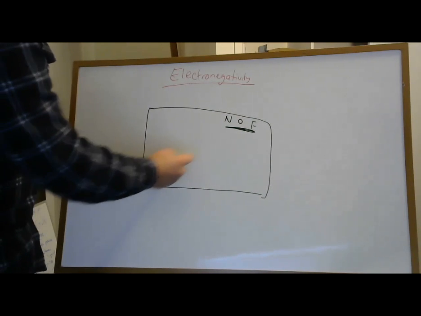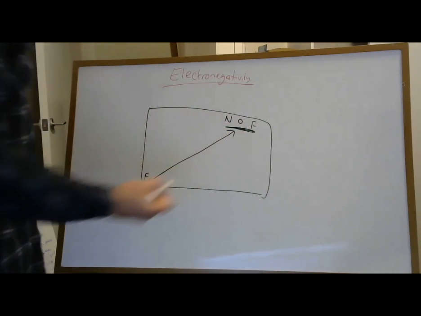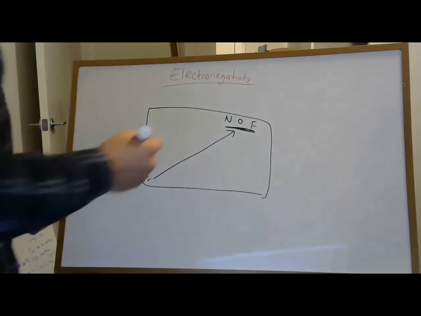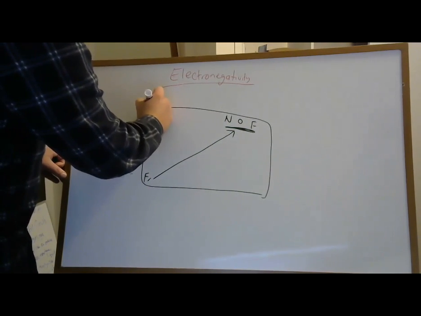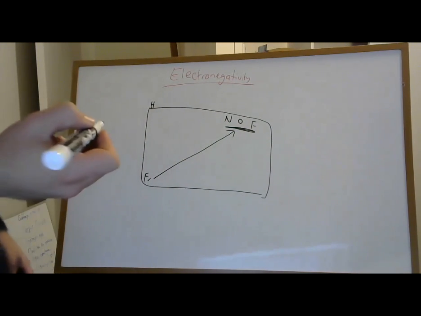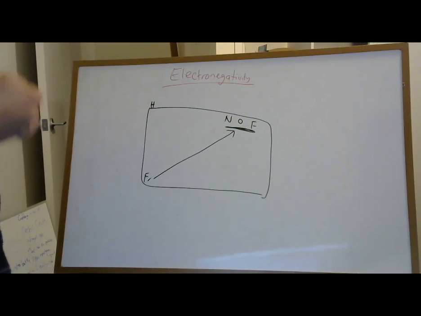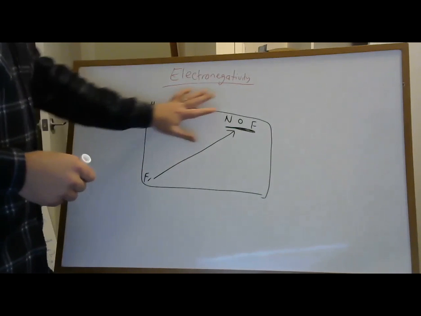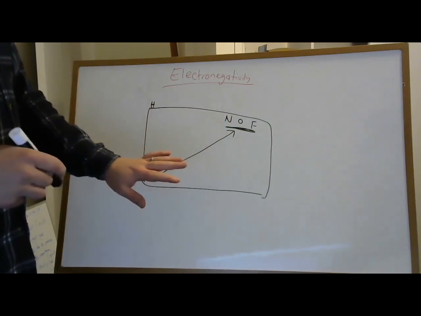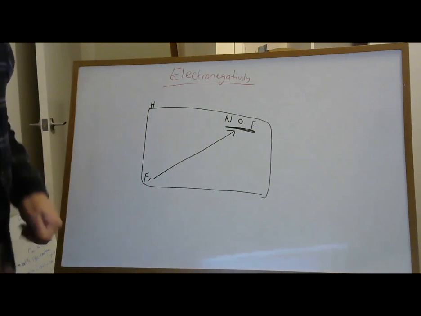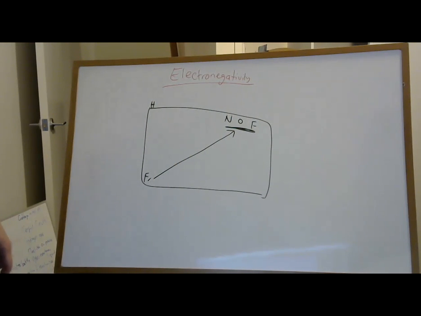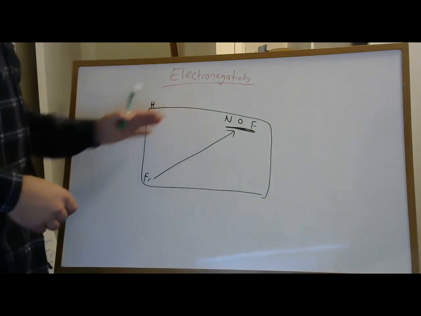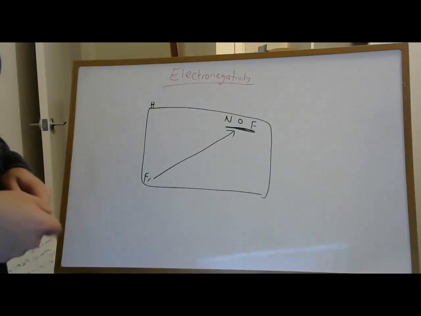So electronegativity values increase this way, with hydrogen up here. And what this electronegativity value means is the propensity for that atom to hog the electrons when it binds with an atom of less electronegativity.